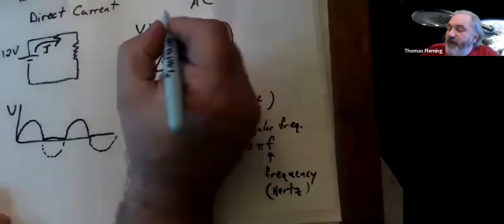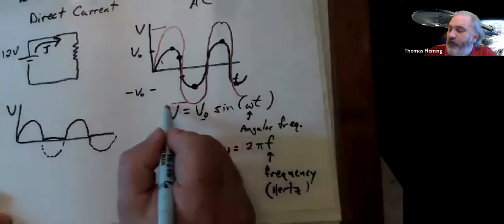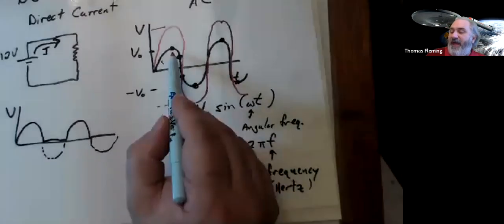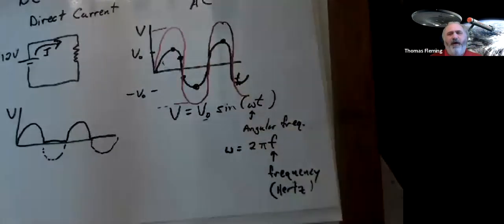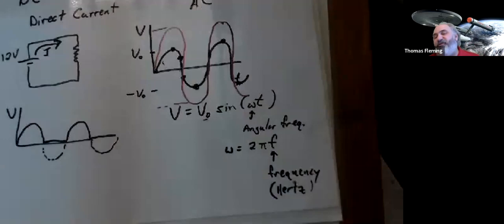Even though it goes up to a much larger V naught and a much larger negative V naught. It seems like the black line and the red line, I ought to be able to discuss them in a way that is different, because clearly there's something different about them. But if I just take a straight up average, I'm going to get 0 for both of them. So straight up averages aren't sufficient for talking about this kind of stuff.